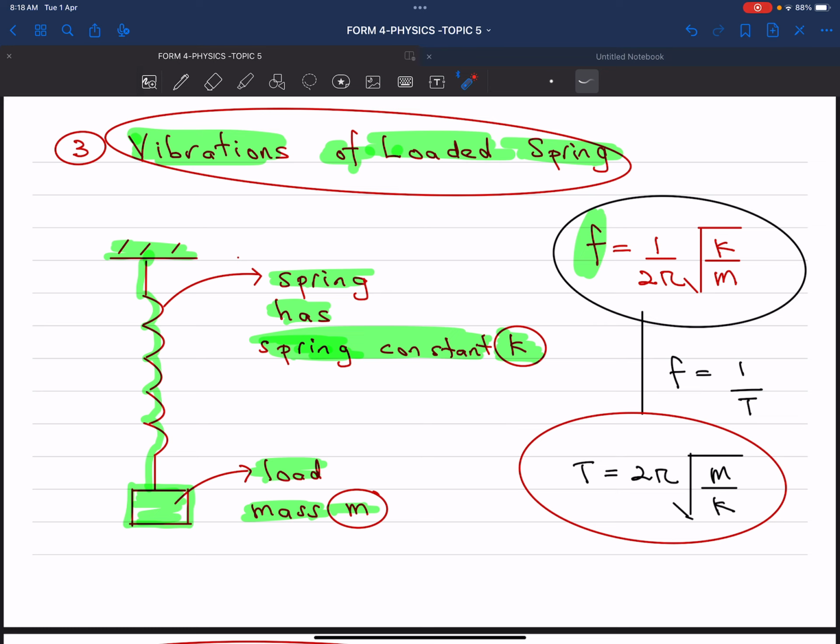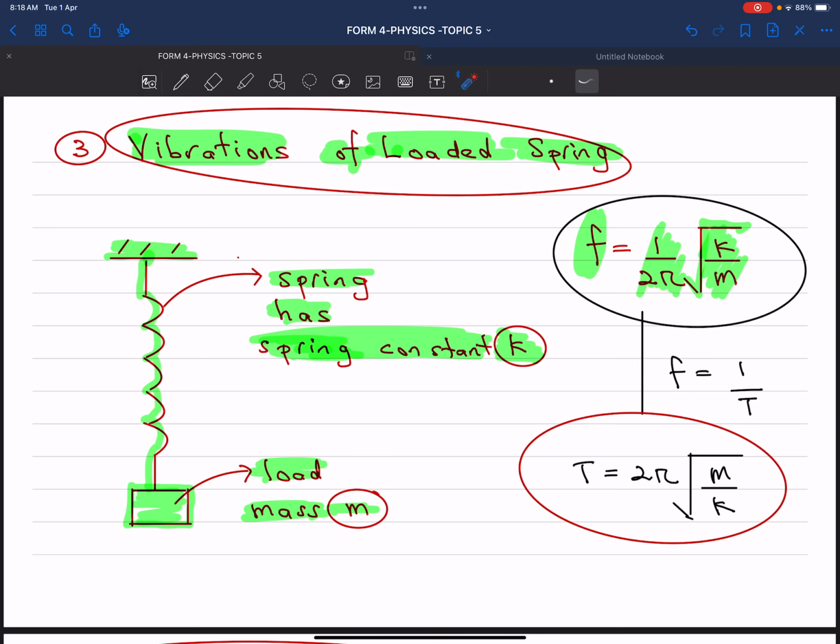And for the loaded spring, the formula is f equals 1 over 2 pi square root K over m, whereby K, as usual, is the spring constant and m is the mass of the load.